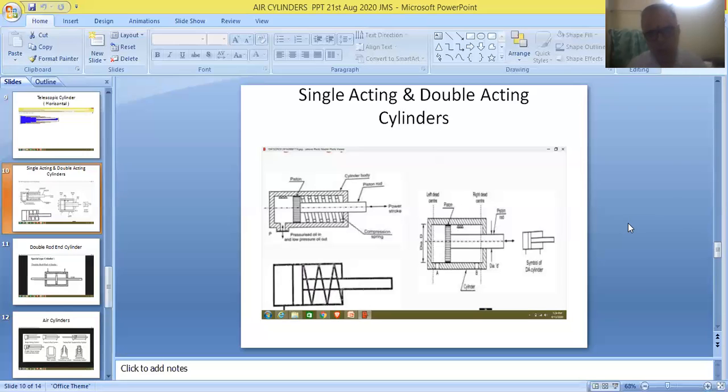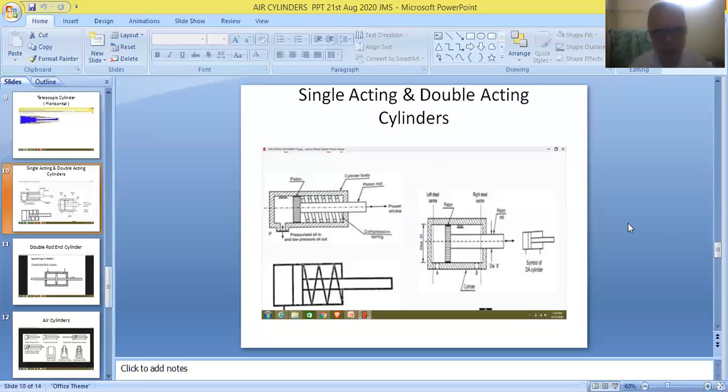Therefore, these are suitable for controlling double acting cylinders. The first port of the cylinder is connected to the first outlet of the DC valve, and the second port of the cylinder will be connected to the second port of the DC valve.